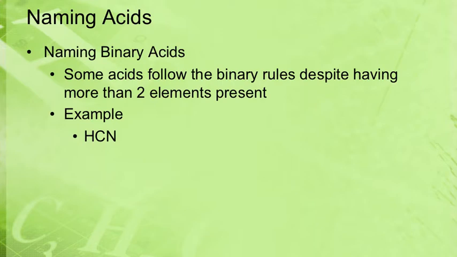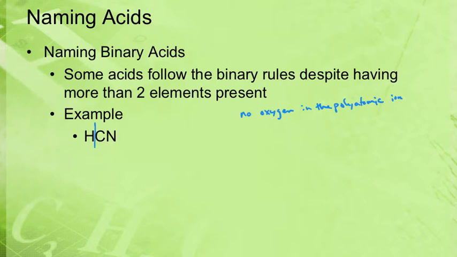You might occasionally see some examples of things that follow binary naming, but they're not just H plus one other element. Generally, how you know this is the case is that there's no oxygen in the polyatomic ion. Because those are going to be oxyacids, which you'll see in a moment. So in this example, HCN, if we split this, there's no oxygen in my anion here.